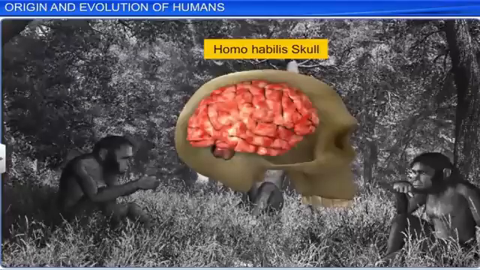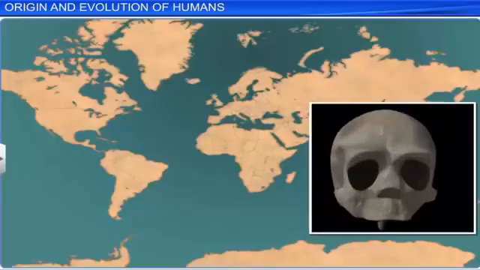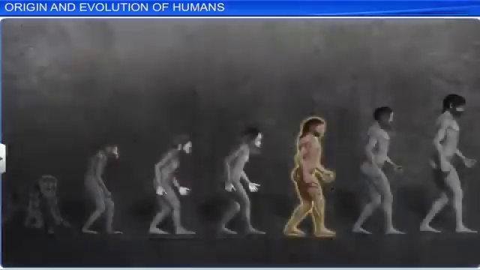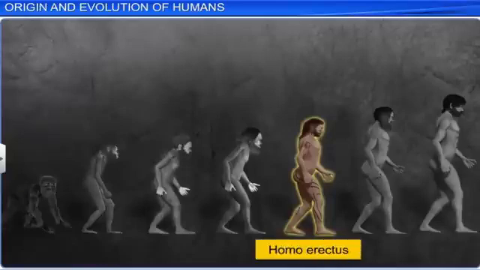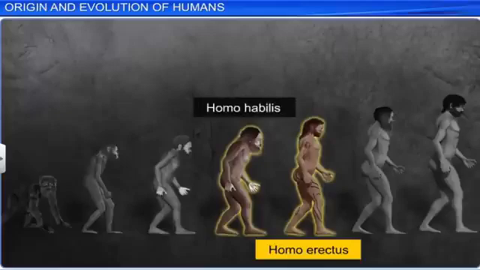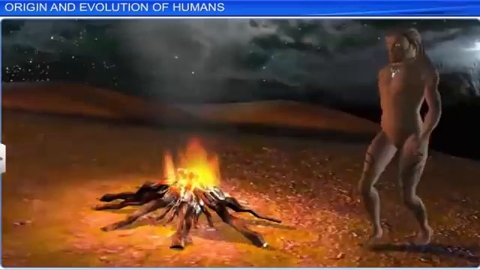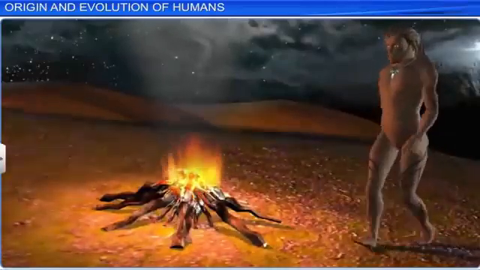The next stage of evolution can be traced from fossils found in Java in 1891. These fossils are that of Homo erectus, which had probably evolved from Homo habilis. Homo erectus were human beings of medium stature who walked upright and lived around 1.5 million years ago.